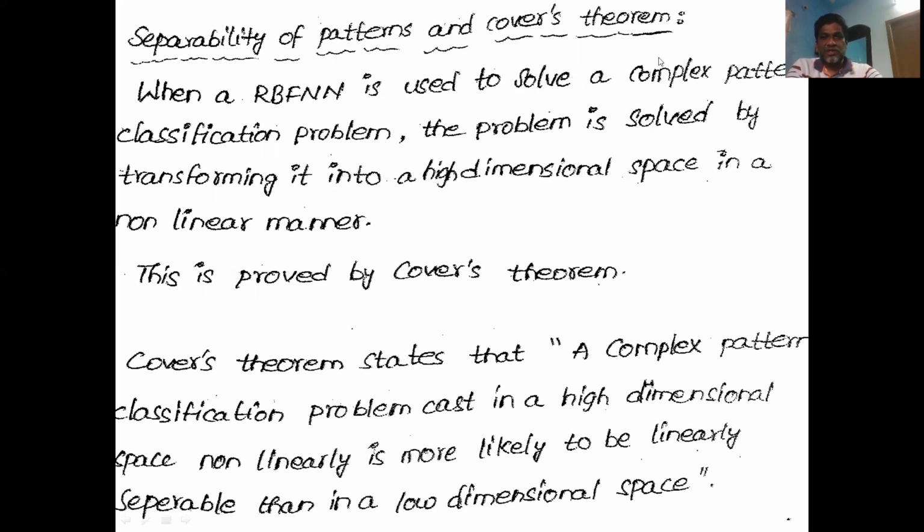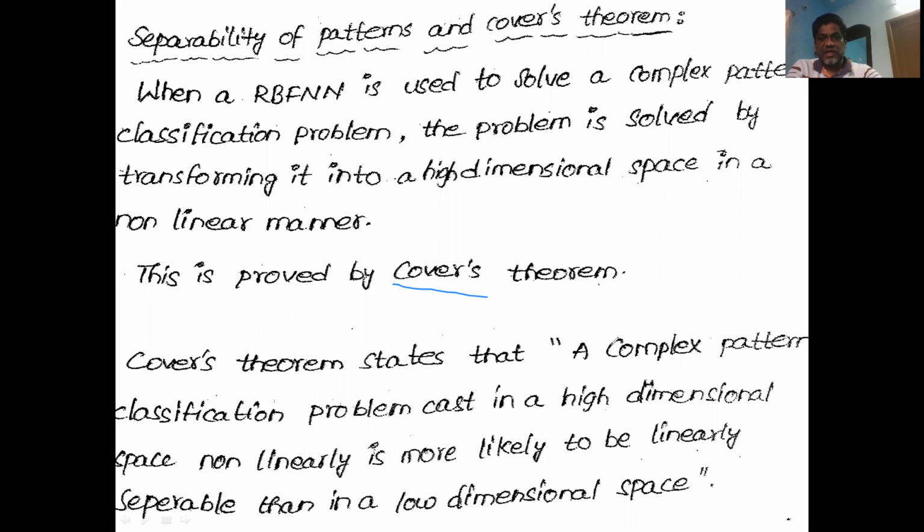So you need to understand what Cover's theorem is and what its statement is. Let us see the statement of Cover's theorem. It states that a complex pattern classification problem cast in a high dimensional space non-linearly is more likely to be linearly separable than in a low dimensional space.